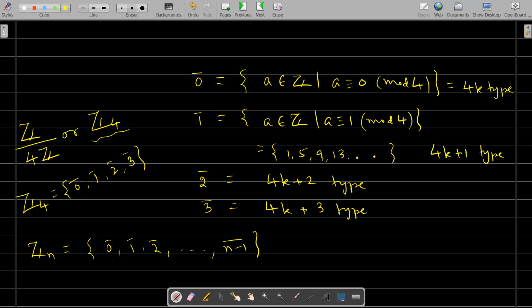Yes. And then with respect to addition modulo 4, we'll show that Z4 forms a group. And more generally, with respect to addition modulo n, one can show that Zn forms a group. So let's try to see using tables.